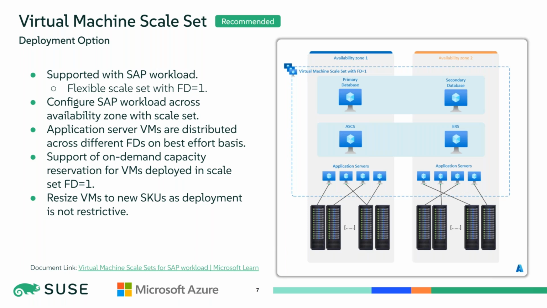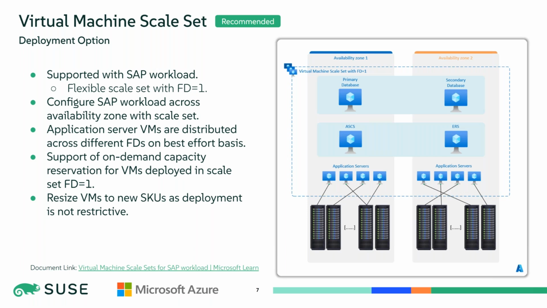Because of that, you will face a challenge in getting newer capacity for the same SAP system, or you won't be able to change the VM to a newer generation SKU. The reason is that the configuration is restricted to a single location, and newer SKUs are part of a broader data center, because in Azure, a zone is a construct that has a single data center or multiple data centers in a single zone.